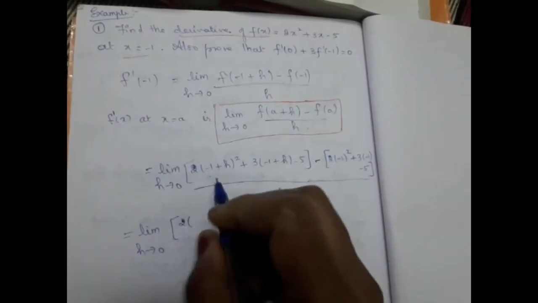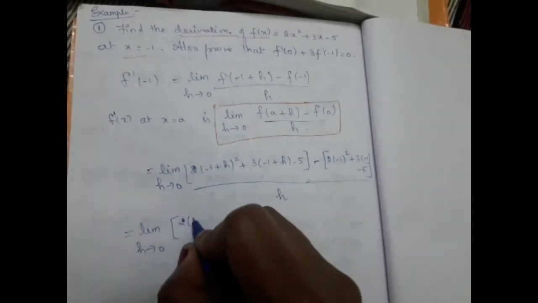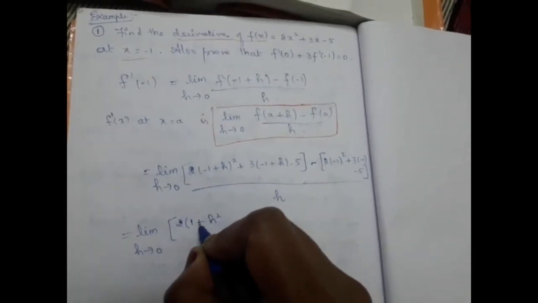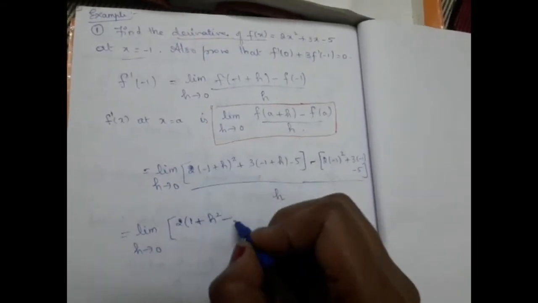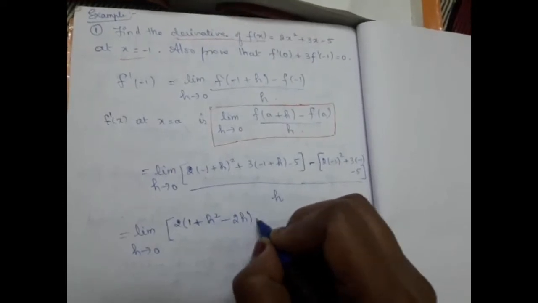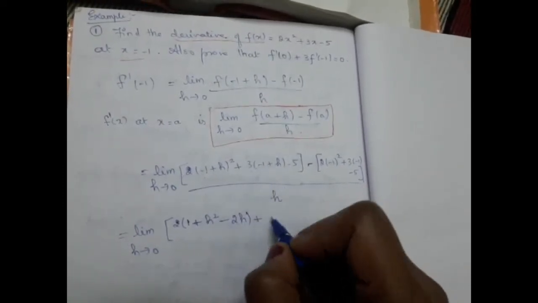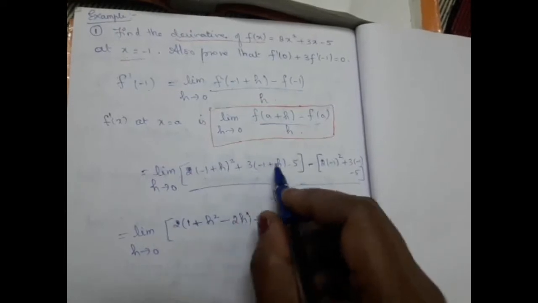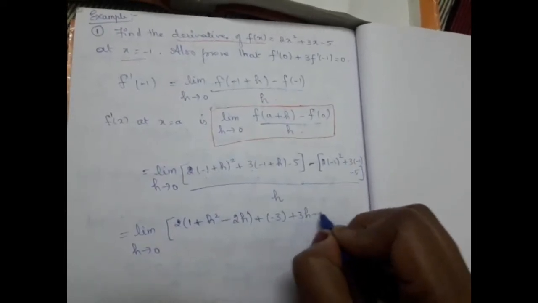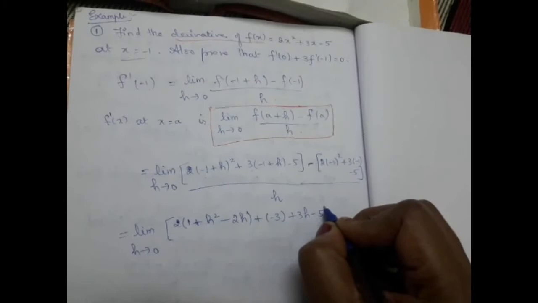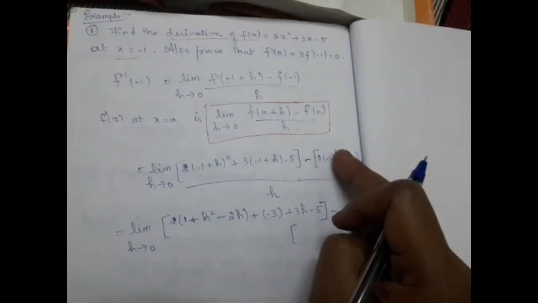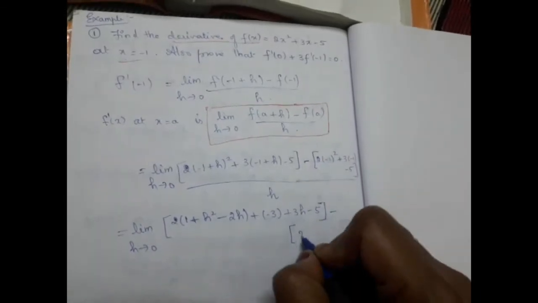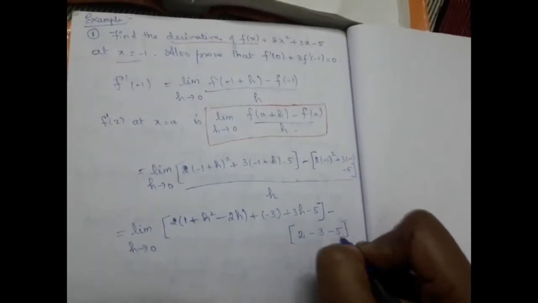So 2 into minus 1 plus h the whole square is going to be 1 plus h square, minus 2ab, 2 into 1 into h, so minus 2h, plus, we have to expand, this will become minus 3, 3 into h is plus 3h minus 5, right, minus, again we have to expand this, minus 1 the whole square is going to be plus 1, so this is going to be 2 minus 3 minus 5, right.